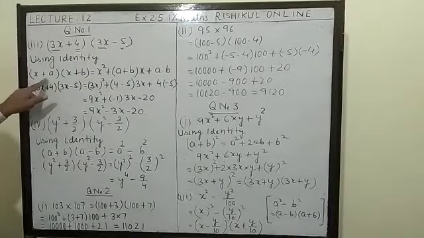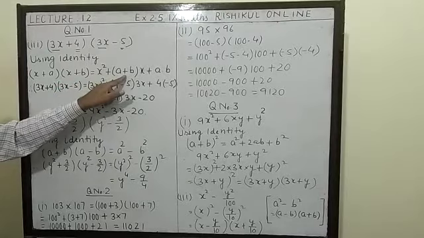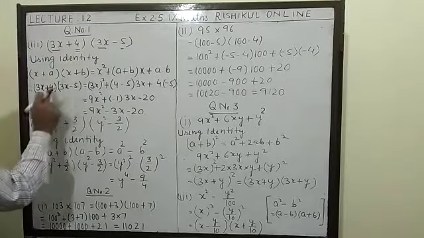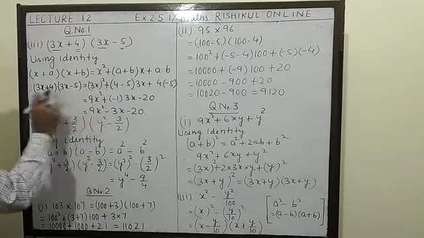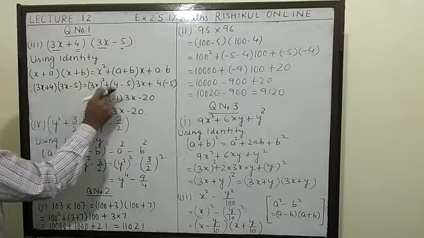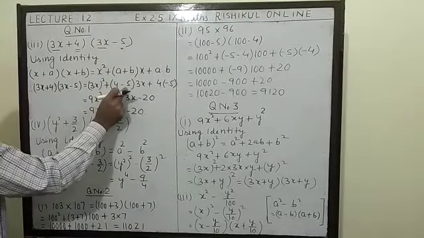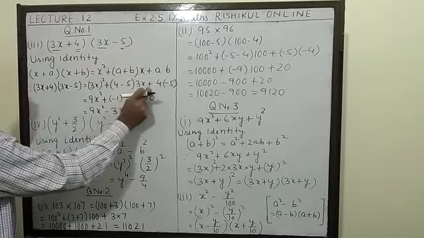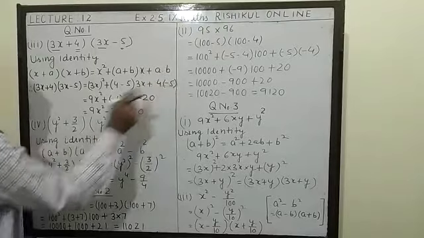So the identity of (x + a)(x + b) is equal to x² + (a + b)x + ab. So use this identity: the product of these two is equal to x² in place of x, (3x)², plus (a + b) in place of a 4, in place of b −5, into x, which is 3x, plus a into b, 4 into −5.